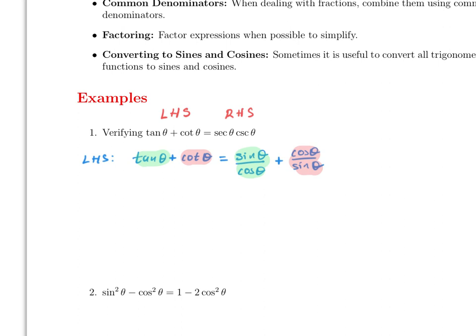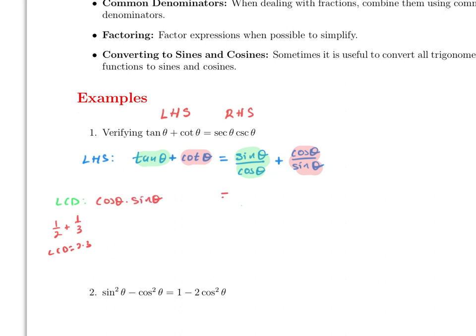Now, since you have a fraction, you have to find the LCD. Remember, if you have, for example, 1/2 plus 1/3, the LCD is just 2 times 3. So in our case, the LCD is going to be cosine theta times sine theta.